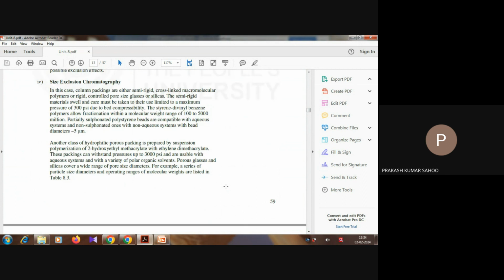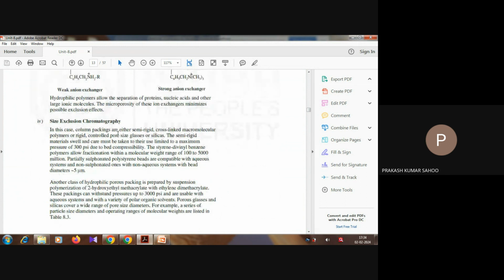So then size exclusion chromatography, as we know, the beads which are used in size exclusion chromatography for packaging have some micropores which fit the smallest particles of the mixture to be separated, and the bigger particles of the mixture are excluded from accommodation in the bead pores.